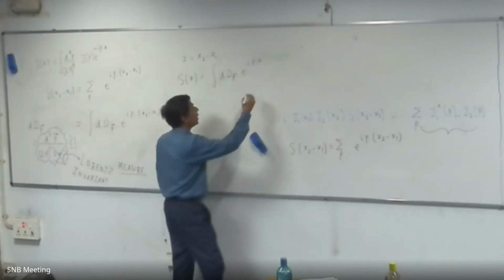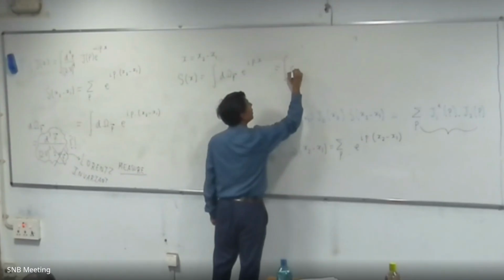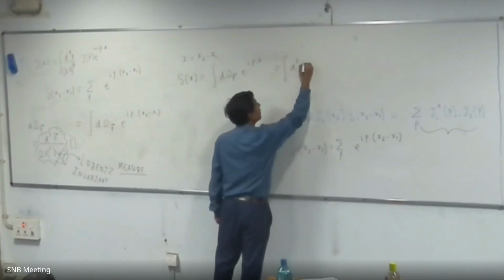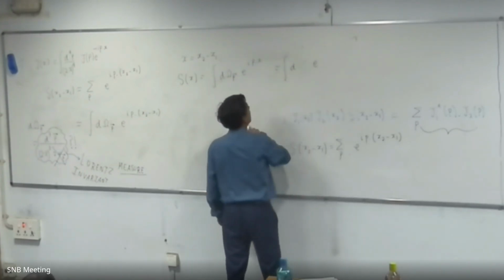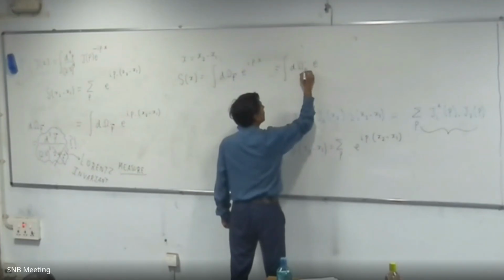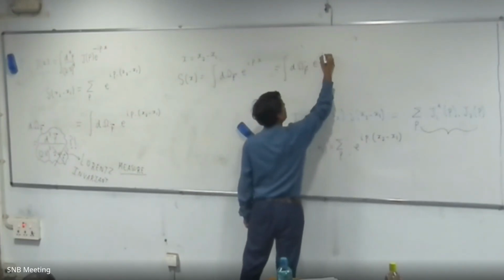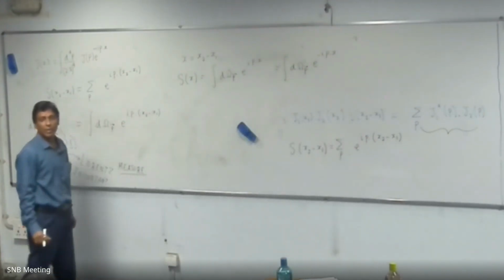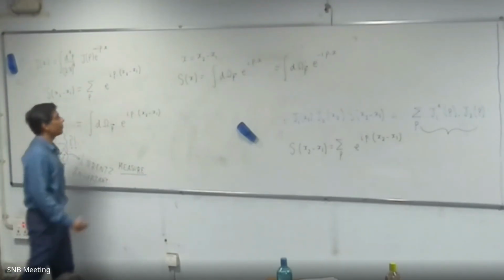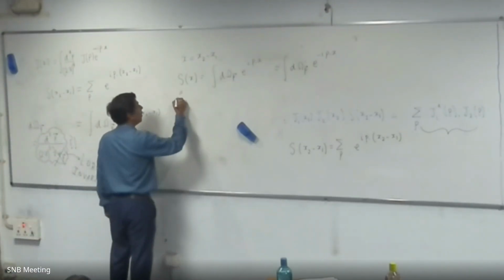But this is the same as the integral d omega p e to the power of minus i p dot x also. Why? Because s of x is symmetric. S of x is minus s of x.